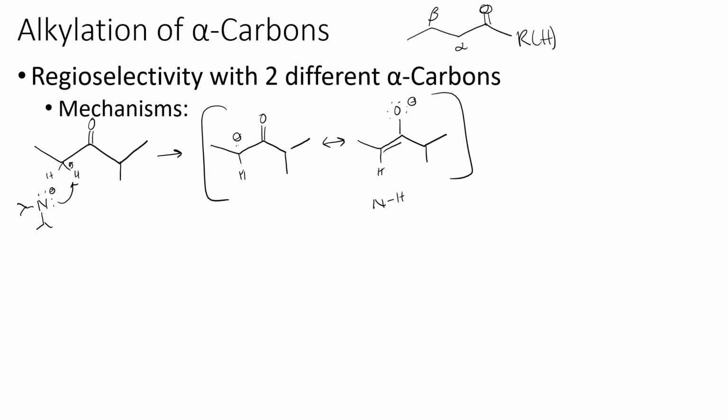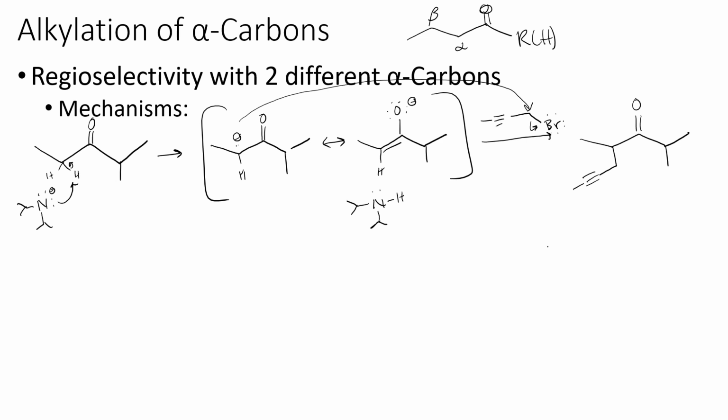And then we have the protonated diisopropylamine. So from here, the carbanion that we just generated can react with the alkyl halide that we would have in solution. Again, remembering it is going to attack the electrophilic portion, driving off our leaving group. That gets us to our final less substituted alkylated product.